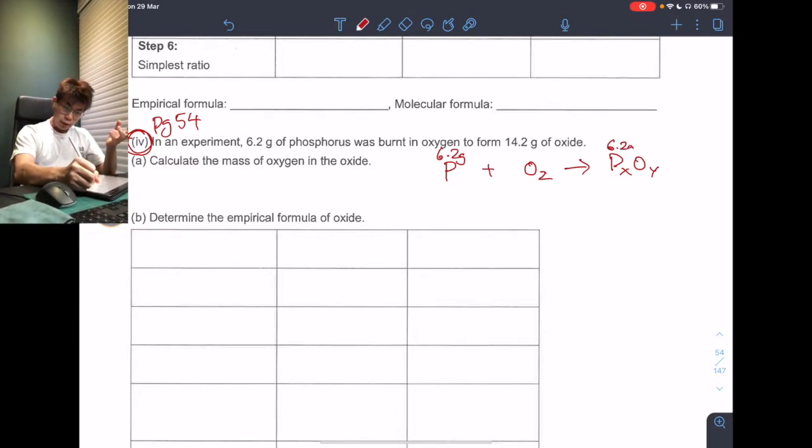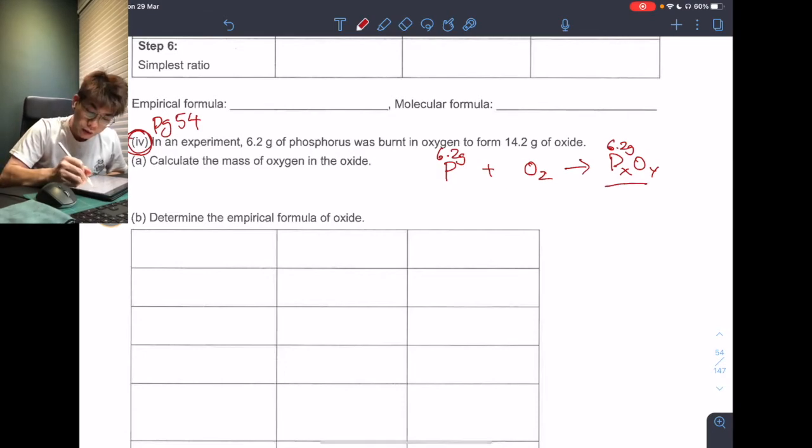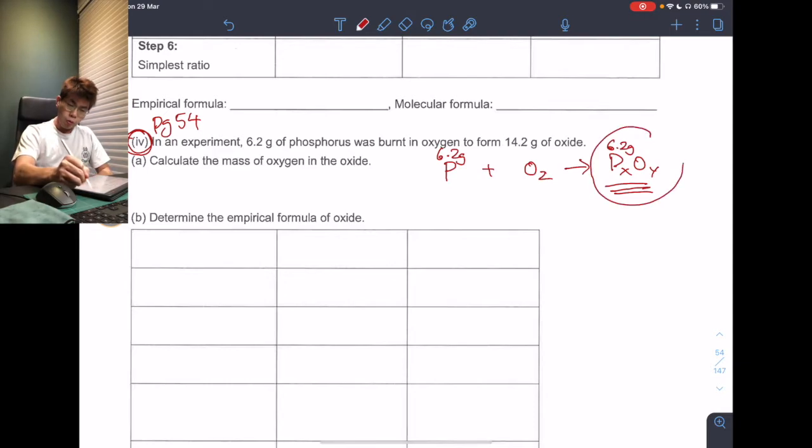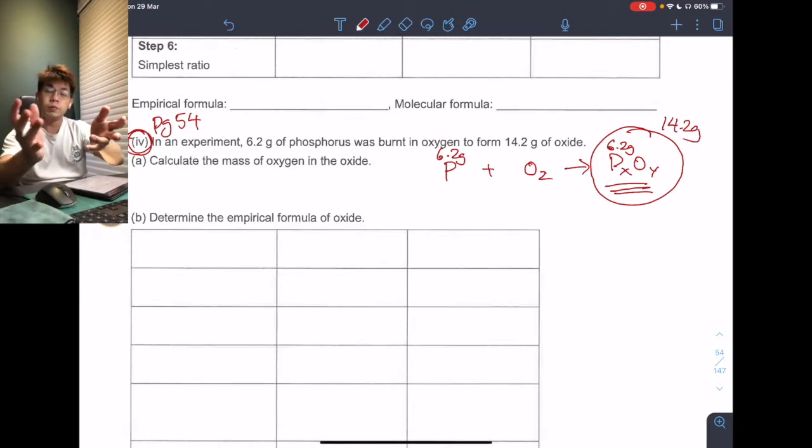So in this part of the phosphorus oxide, 6.2 grams is the phosphorus. Now, it's burned with oxygen and it forms 14.2 grams of oxide. So this whole compound, phosphorus oxide, is 14.2 grams. Out of this 14.2 grams, 6.2 grams is phosphorus.